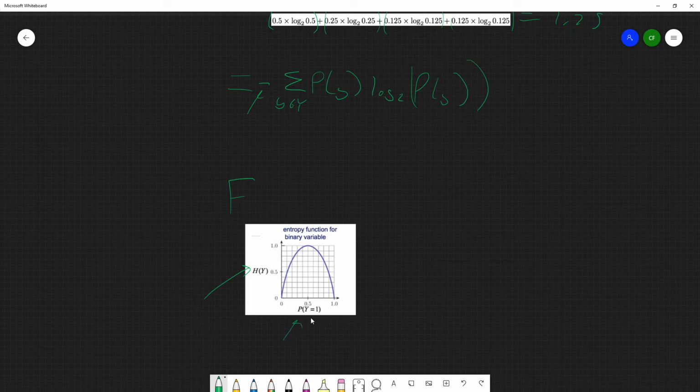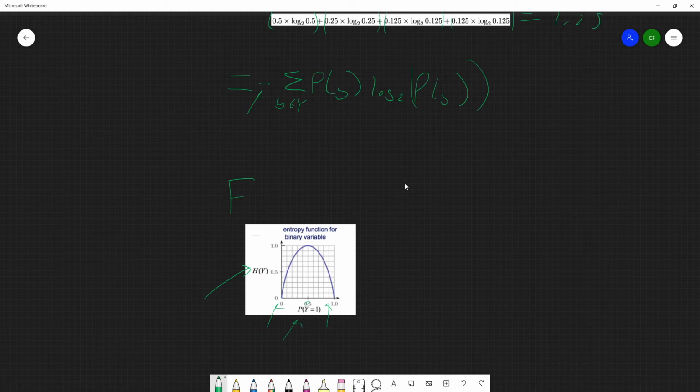On the x-axis, we have the probability of Y being a specific thing. We can see if Y is at 0.5, entropy is highest. Oh no, I was correct. Yes, I was just reading the graph. So if it's in the middle, it's very high entropy, which is bad. But if it's very deterministic, so it's very likely to be a specific way or very unlikely to be a specific way, entropy is low.